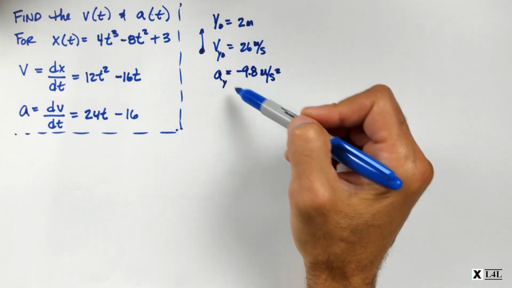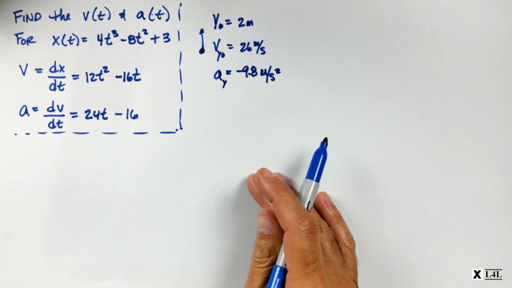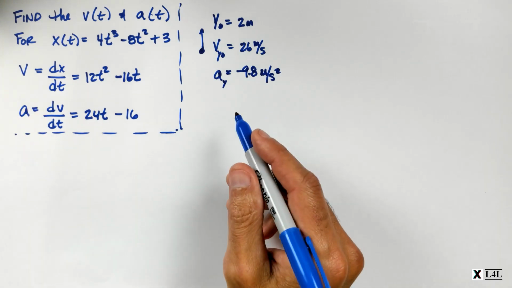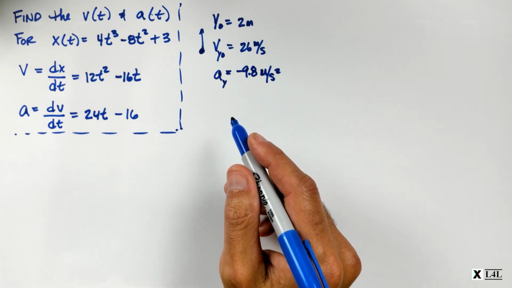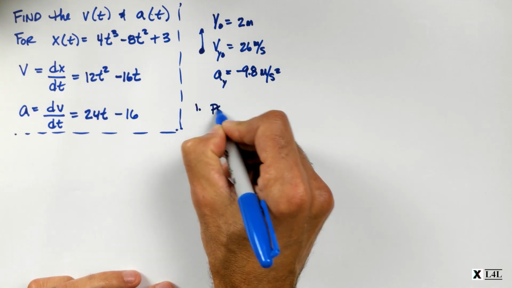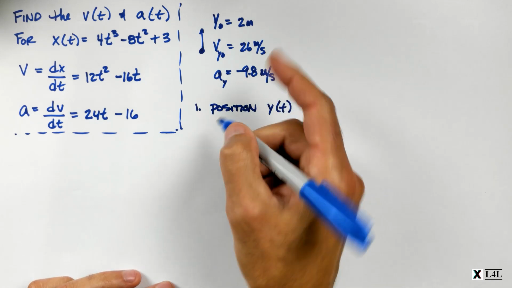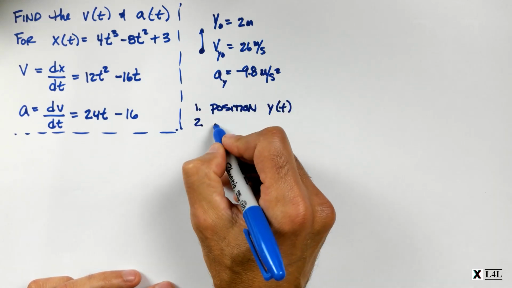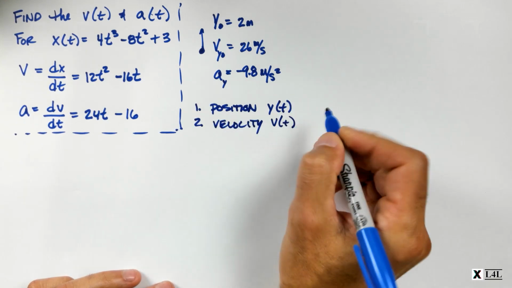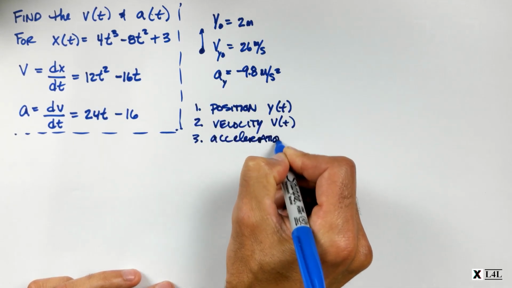Now, we know we have 3 variables out of the 5. We could use our UAM equations, but I want you to look at how we could leverage derivatives to help analyze this motion problem. So what I want to first do is create the vertical position function with respect to time based on the information that we have. 2, let's do velocity, again in the vertical direction, so this is v sub y of t. 3, let's find the acceleration function.